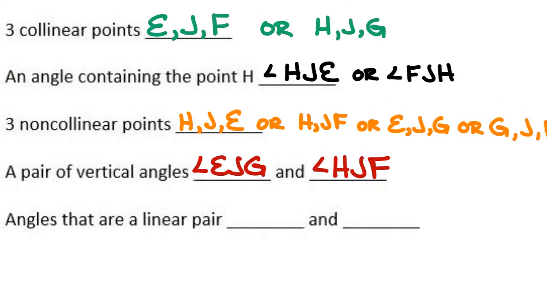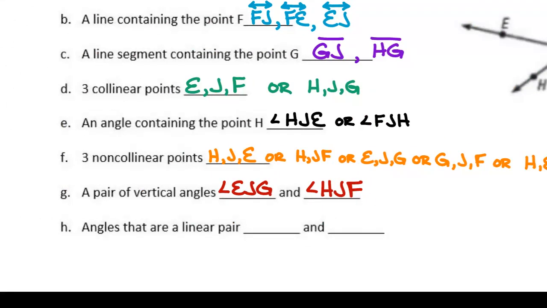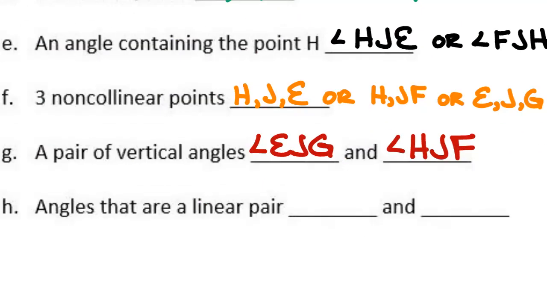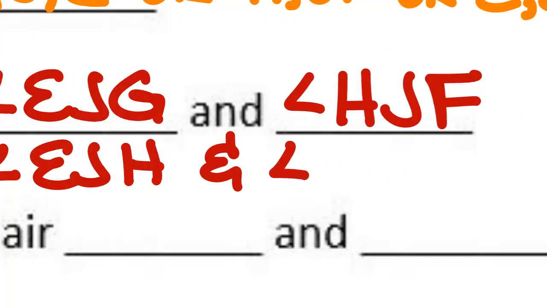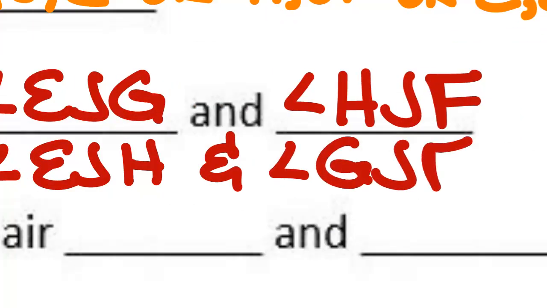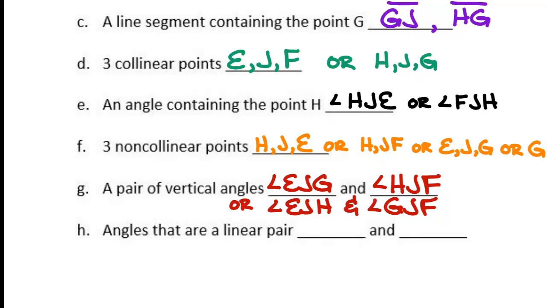Please make sure that you are using proper angle notation. There is another correct answer here. You could do angle EJH and angle GJF. So either of those would be correct.